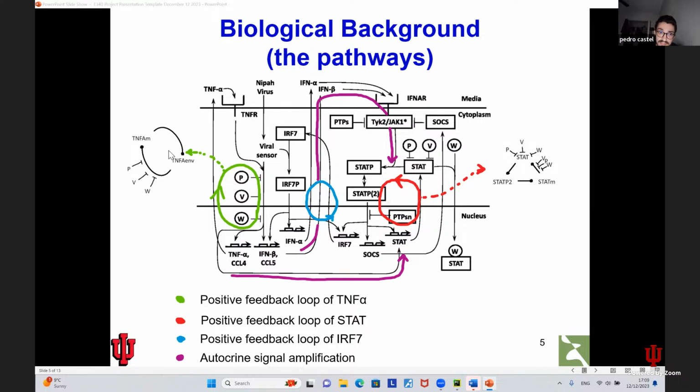It's not in their implementation because TNF alpha in the environment does not decay. On the other hand, the STAT circuit has decays and Michaelis-Menten equations for all of them. So here you can achieve low and high levels of STAT.